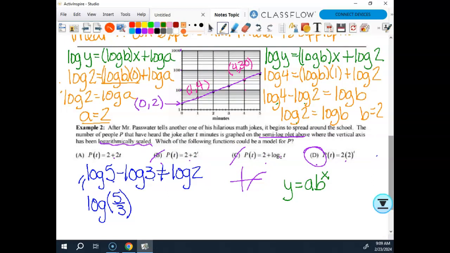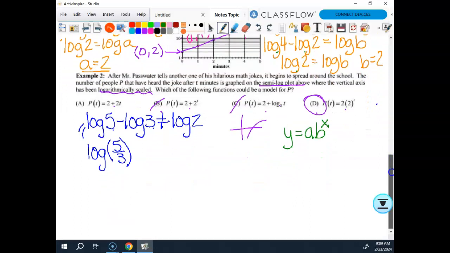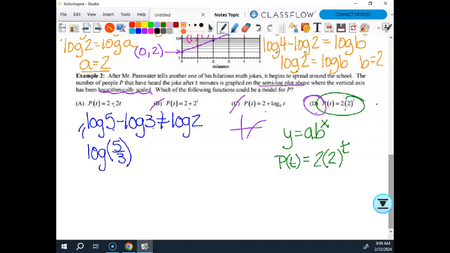It's the log of 4 over 2. You divide. Okay, so then for this particular question, your y is your p of t. We just figured out what a is. We just figured out what b is. They're not always the same number, by the way. And we don't have an x, we have a t, and that's what makes it this answer here. Okay? So that's how you actually get that equation.